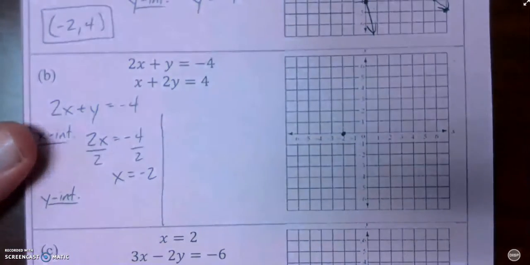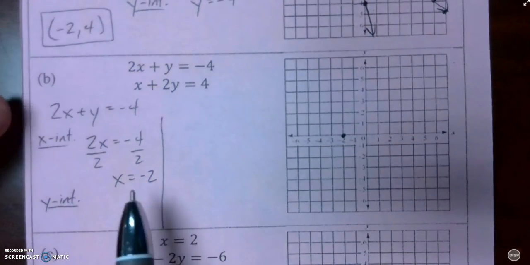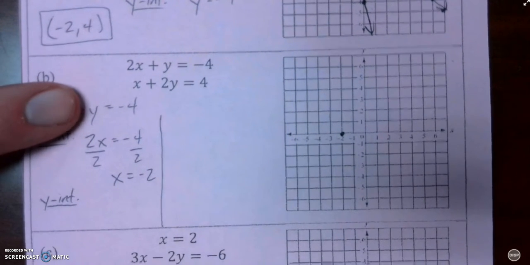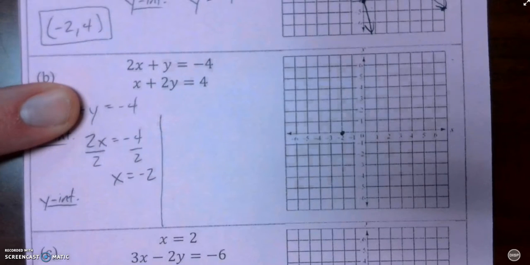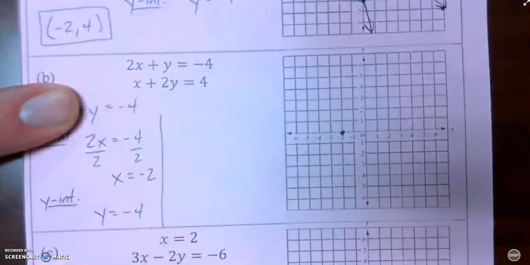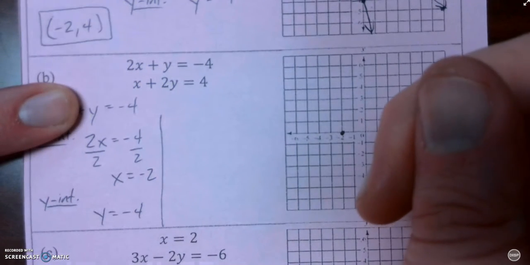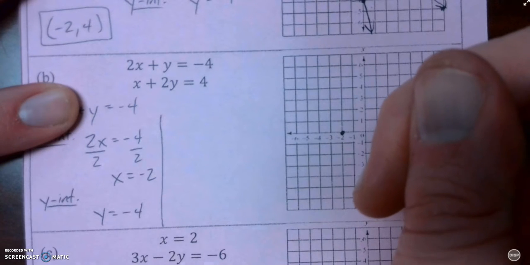To do the y-intercept of the first line, I need to cover up the x term. And that just tells me what the intercept is. So I can write down the y-intercept. It's just y equals negative 4. And I can plot the y-intercept.